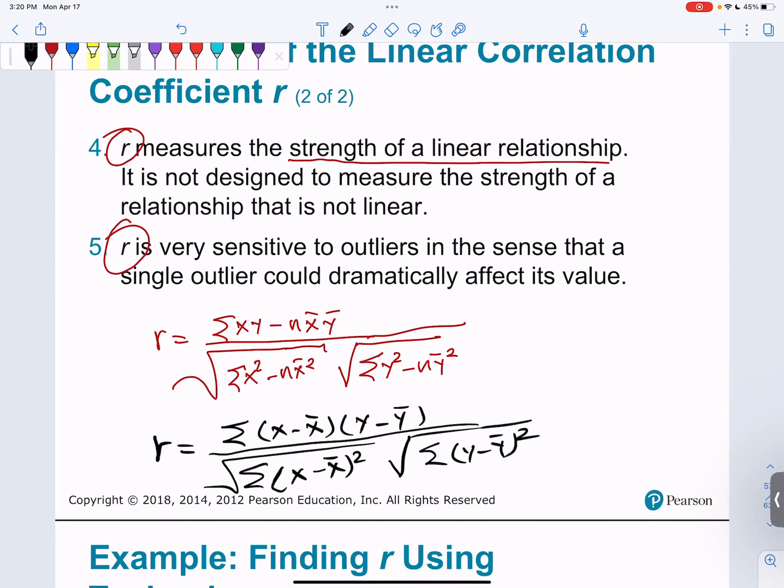Look here in this formula: x bar, y bar, x bar square, y bar square. Since we know x bar and y bar are very sensitive to outliers, even R will be sensitive. So R is very sensitive to outliers.